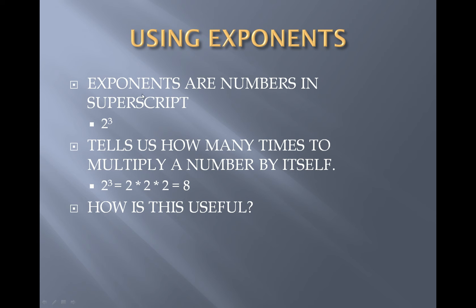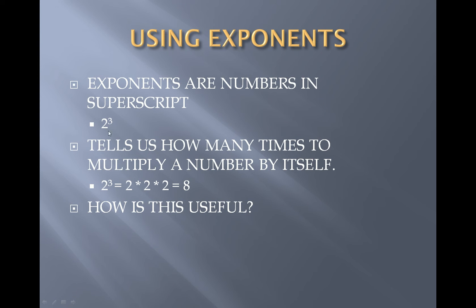Exponents are numbers in superscript. So in this example here, the 3 is the superscript and the 2 is the base. So I would say this as 2 to the third power, or anything to the third power can be said as base cubed. So this could be said as 2 cubed.